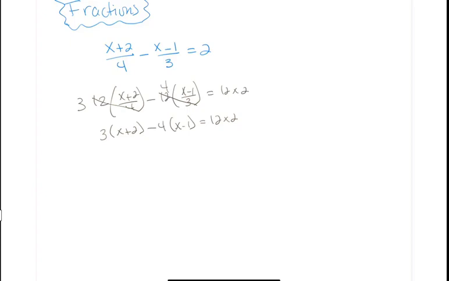We're going to use our distributive property. 3x plus 6 minus 4x plus 4 equals 24. And I bet you guys could finish the problem before I could. You ready to race? Go!